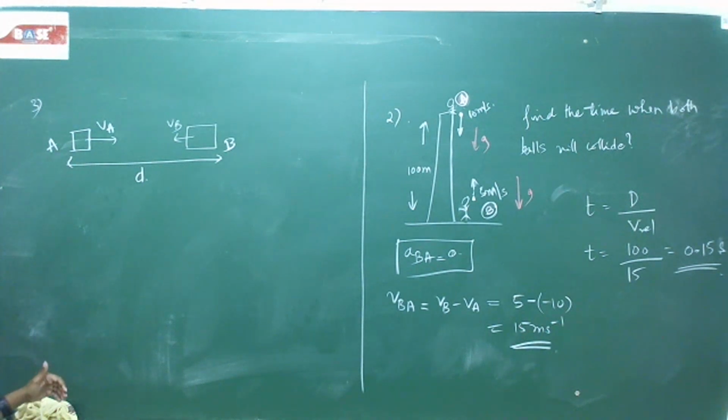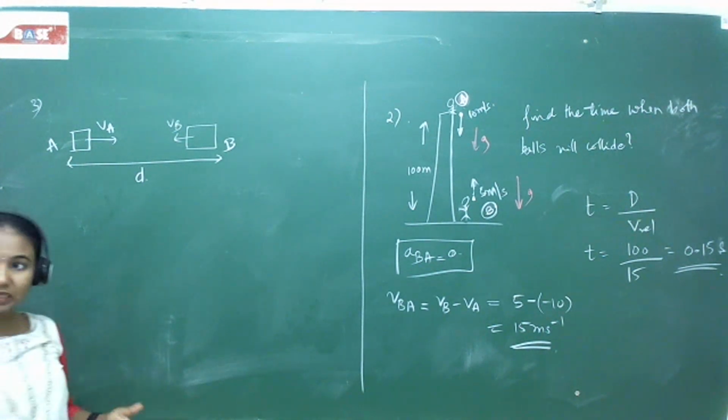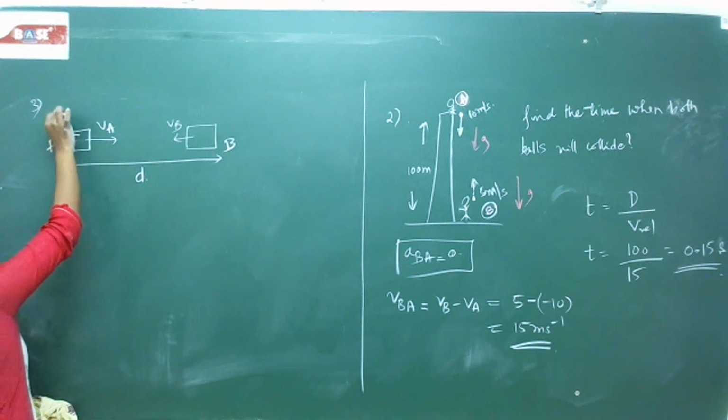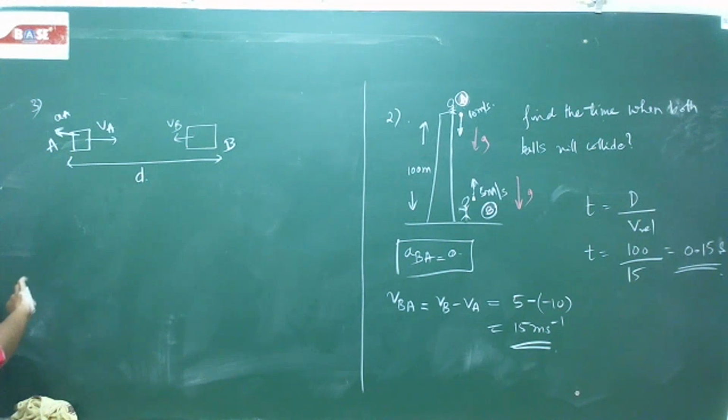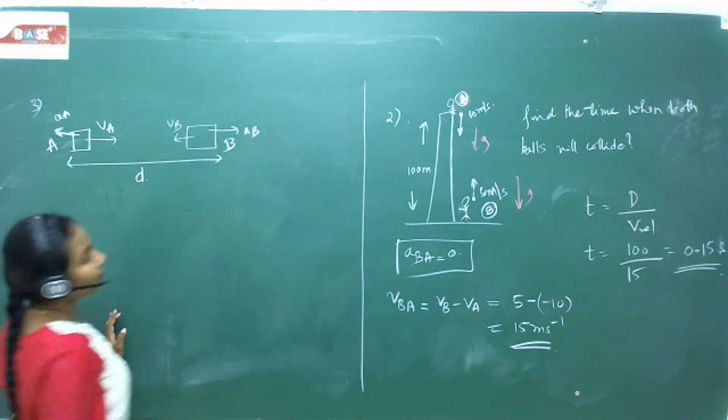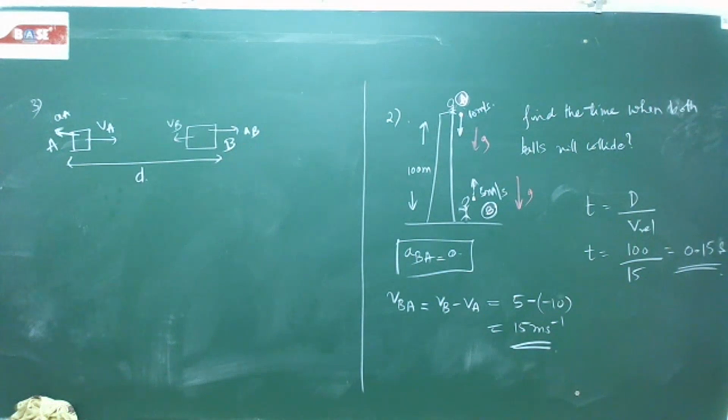So what is retardation? Retardation is a decrease in the velocity, so your acceleration will be in the opposite direction to the velocity since it is retarded, correct? For both the cars.